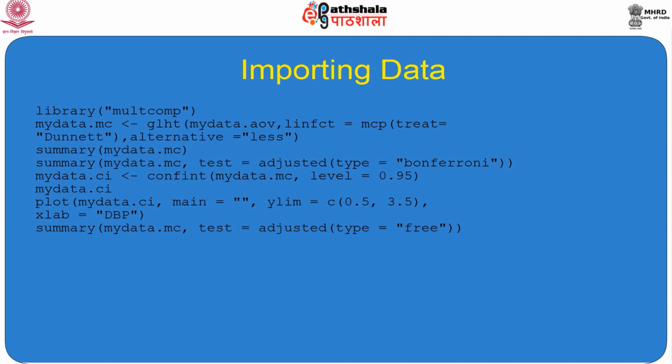Thereafter we will go for plotting these results as a graphical expression. We will see how these differences are observed, and later go for a summary of mydata.mc by applying this adjusted test.